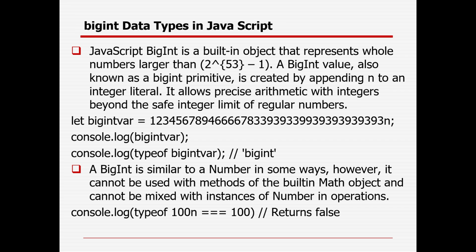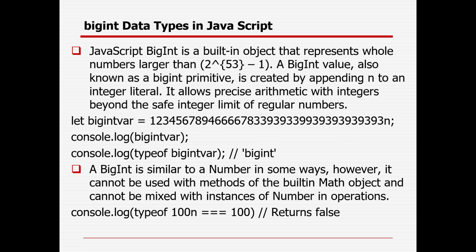If you define it as a number value and then want to do some addition, the number will not change because the maximum number is already reached. But if you use it as a BigInt and add those numbers, it will be properly displayed. So for BigInt, at the end you need to make it n. At the last you need to make it n, so it will be considered a BigInt number.